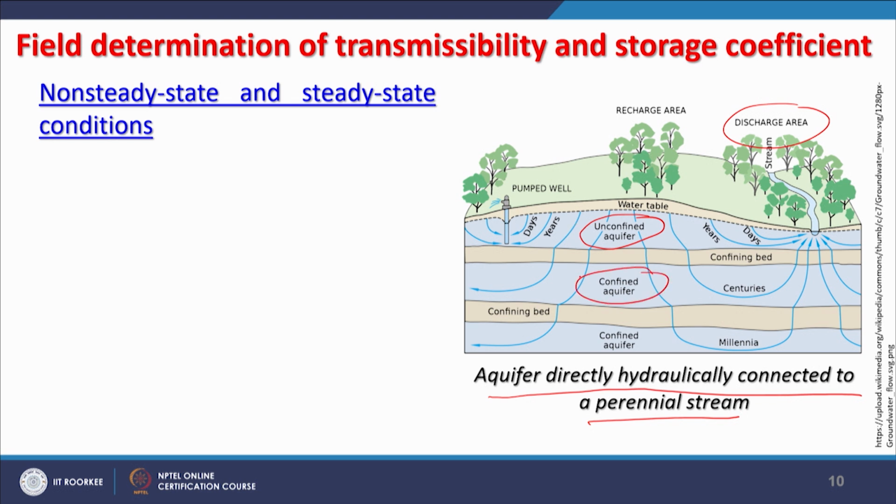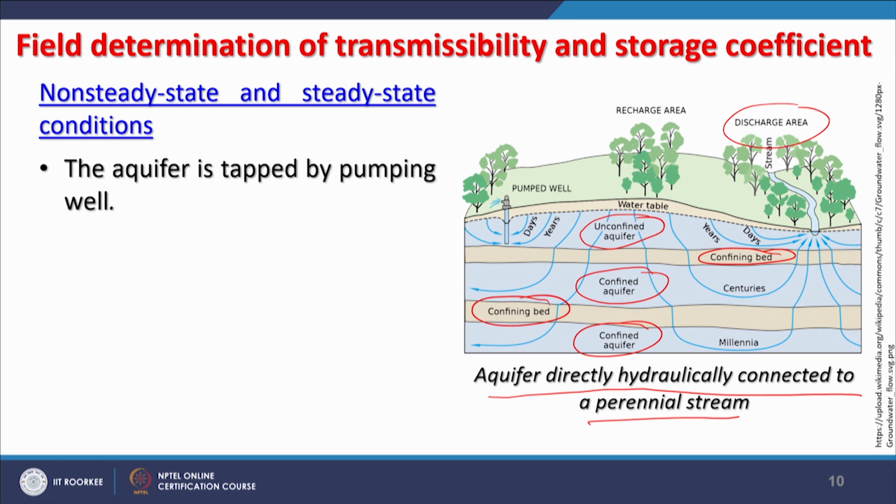In the middle we have confined aquifer conditions, and also at the bottom we have confined aquifer conditions. These two confining beds make successive confined aquifers at lower levels.